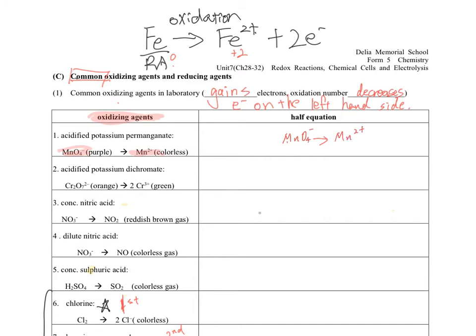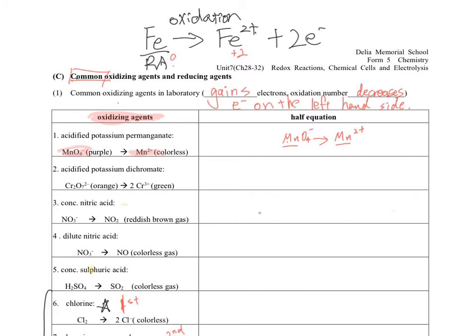So the first step, sorry, it should be 4 standard steps, okay? 4 standard steps. The first one, you check the element. Here on the left, only 1 Mn, and then on the right, also 1 Mn. So the first step, you can skip it. You don't need to balance the number of the atoms of this special element.